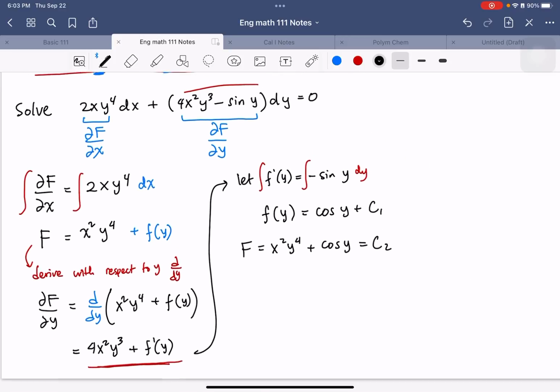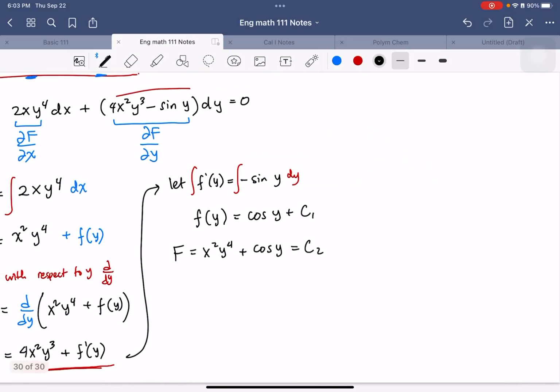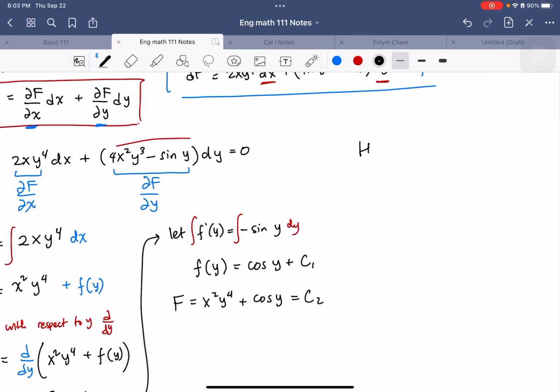Okay, but maybe let's just check this, still the same questions. Okay, let me give you an idea how to check exactness. How do we really be sure that this function is really our solution? Okay, let's write that f is this.